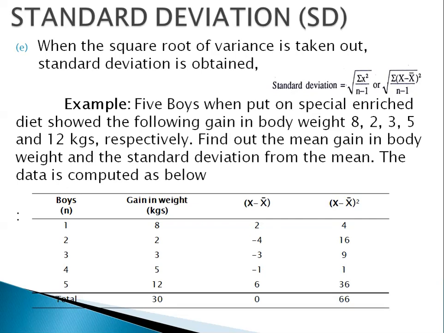We have to find the mean weight gain in body and the standard deviation from the mean. For that, we need a table where the number of samples, weight gain in kilograms, x minus x bar, and (x minus x bar) squared will be listed.